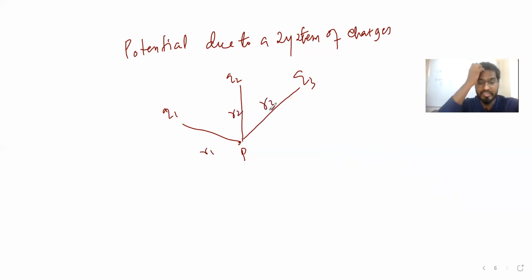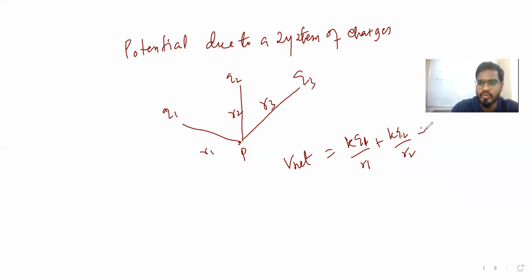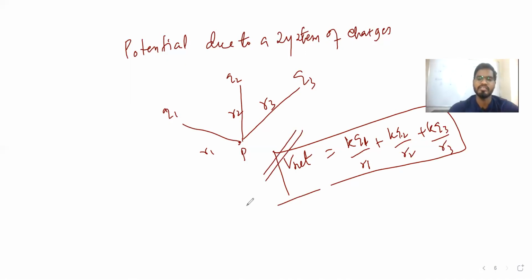As I told you before also, there is no problem with direction, so directly we can add. Net potential at point P is equal to KQ1 by R1 plus KQ2 by R2 plus KQ3 by R3. That is going to be the net potential at point P.